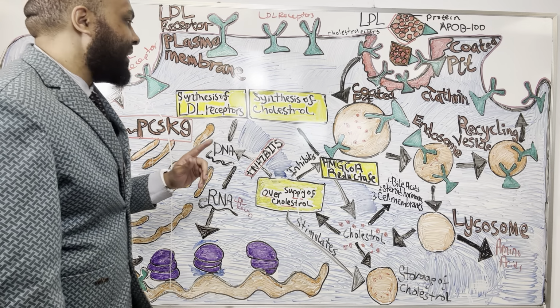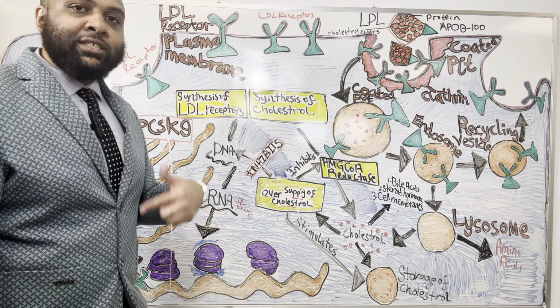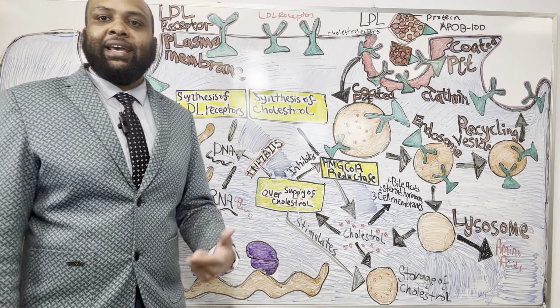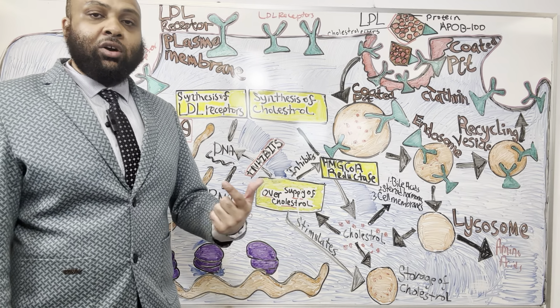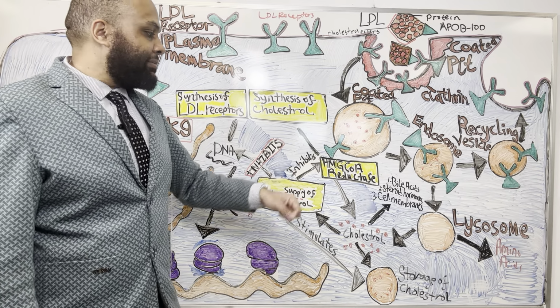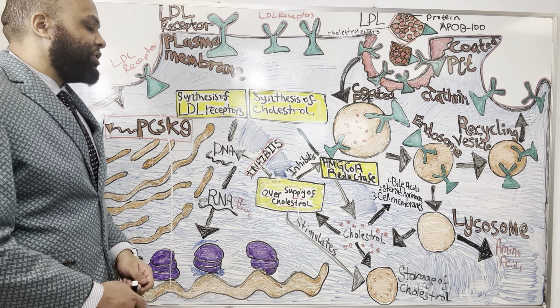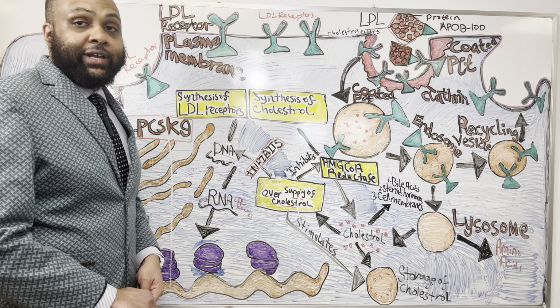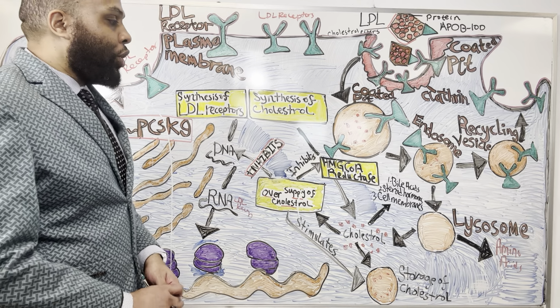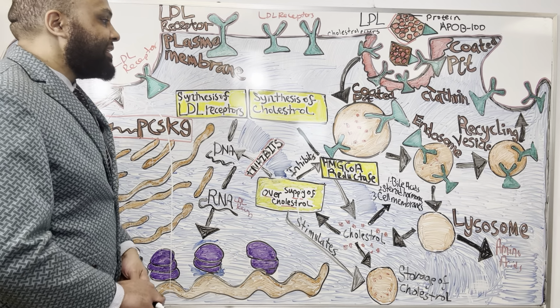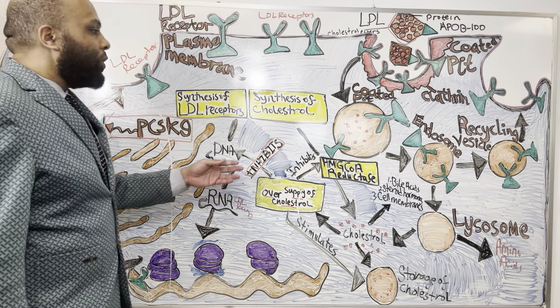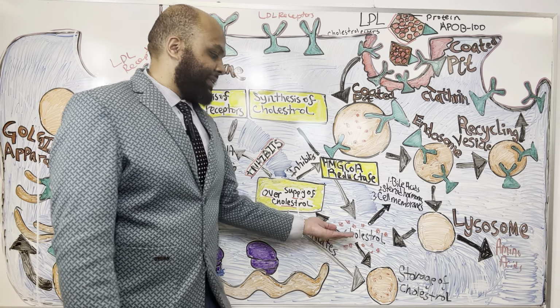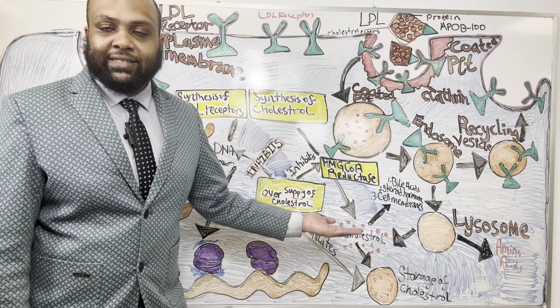The second way is that the cell can endogenously, from the inside, make cholesterol through this HMG-CoA reductase. HMG-CoA reductase, a very, very important enzyme. This HMG-CoA reductase will directly synthesize cholesterol inside the cell.